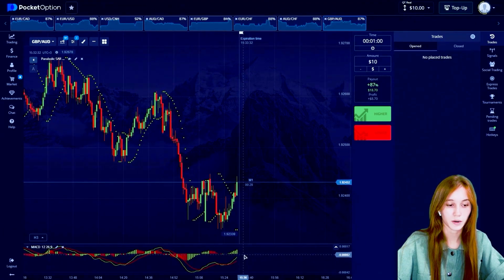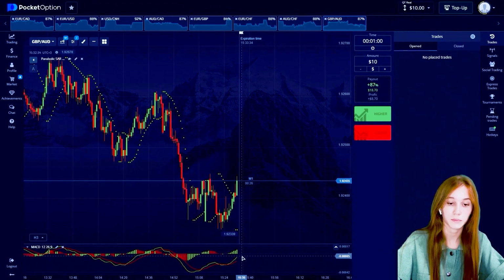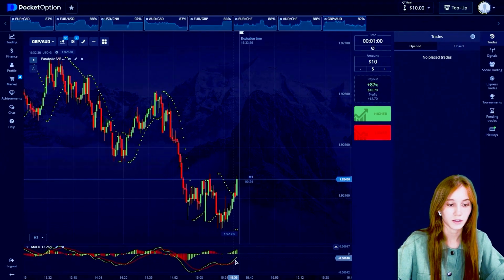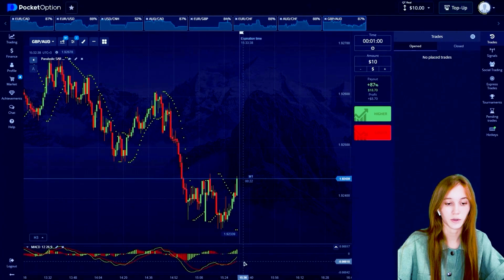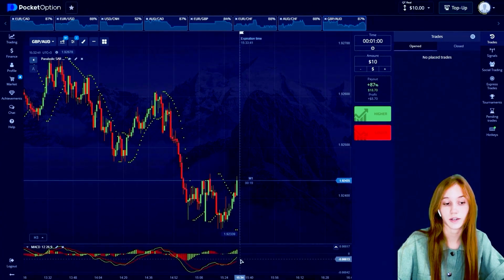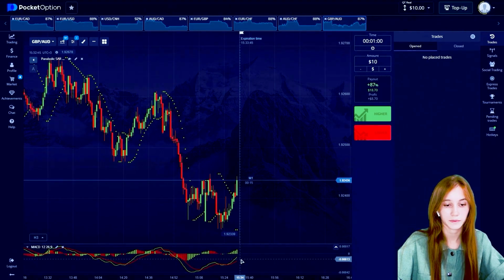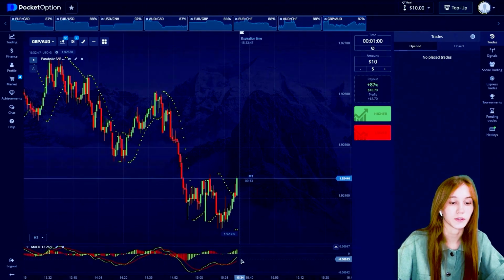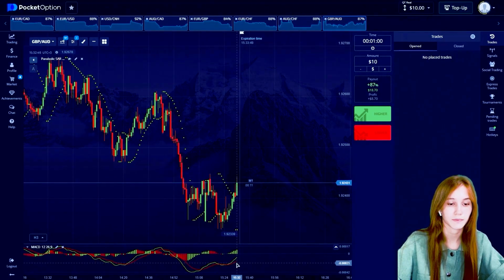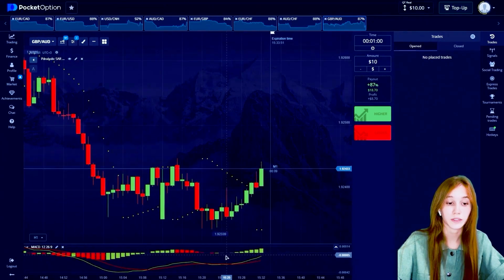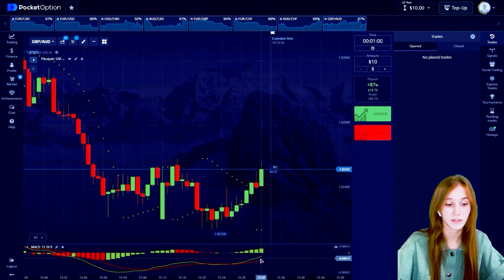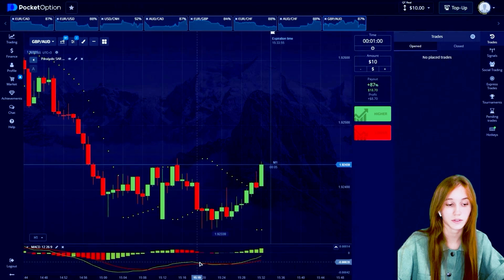MACD, we see parameters before. This indicator allows us to assess the strength of the general trend. Quite simple indicators, you can use it in your trading. Red and green ones, we see lines, it's moving averages.